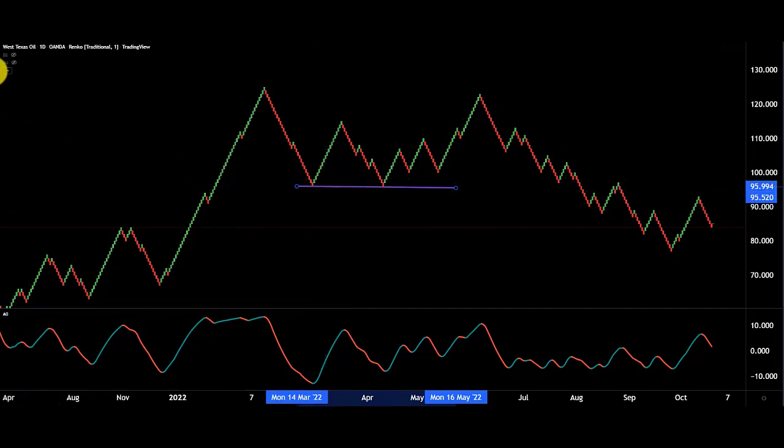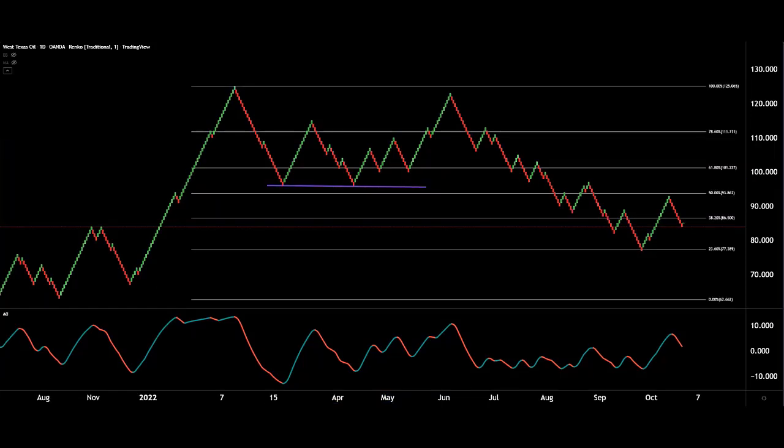And you can use Fibonacci, you can use pivots, you can use all sorts of tools on top of this to give you a different perspective. So there you go, I've overlaid Fibonacci onto the chart and it's used in exactly the same way, and it gives you different levels. So I hope you can clearly see that Renko charts can give you a whole new perspective on the world of trading and investing.